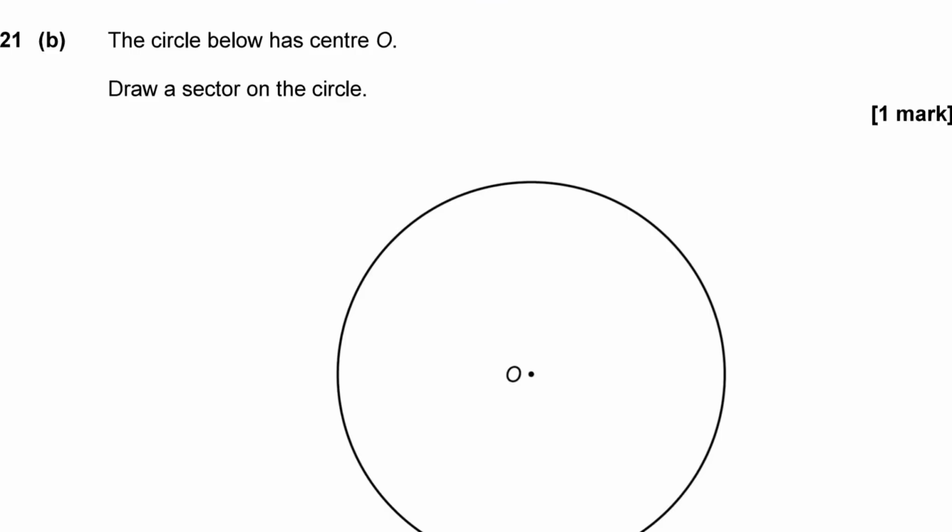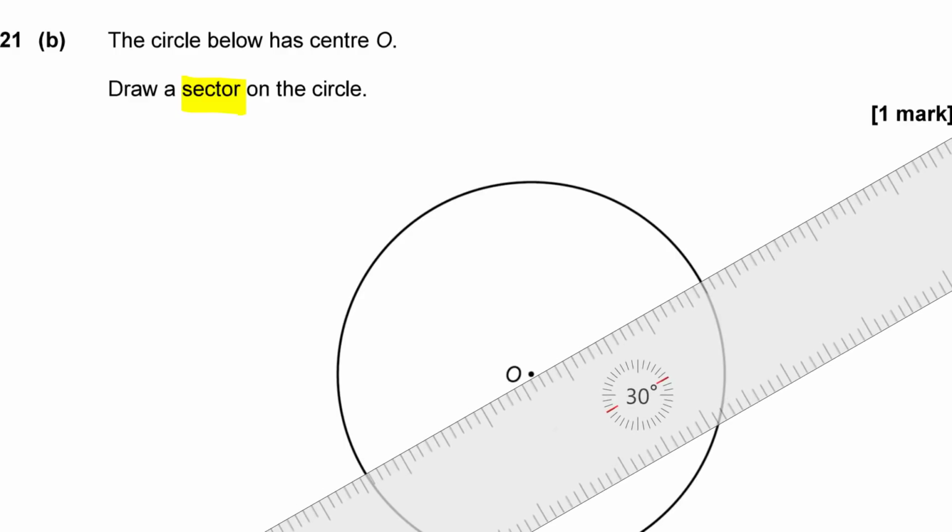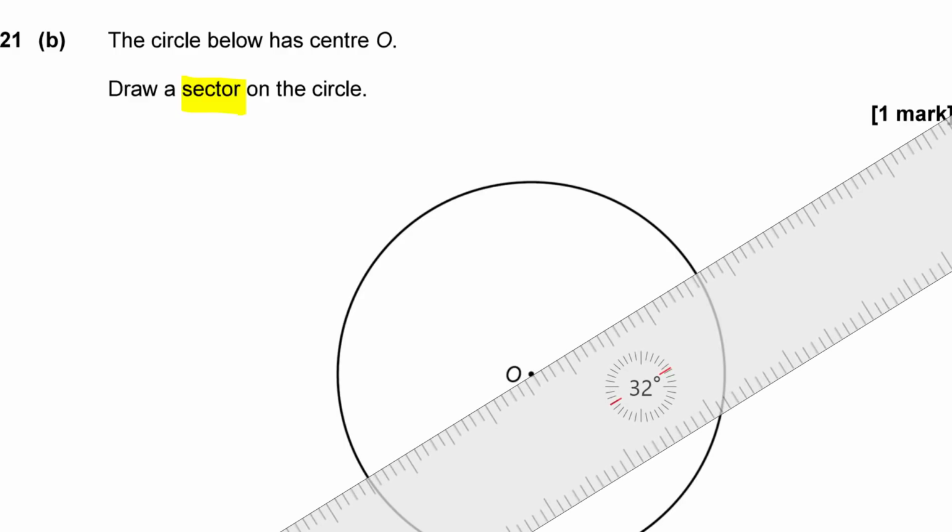Right, part B says the circle below has center O. Draw a sector on the circle. Now a sector is a bit like a pizza slice or a pie slice. So what you want to do is to draw 2 lines, 2 radii reaching out from the center of the circle.